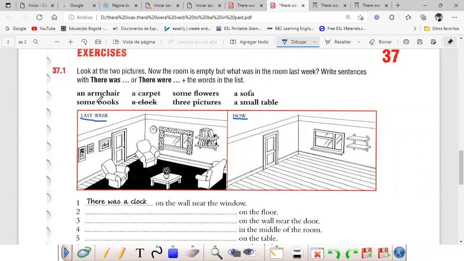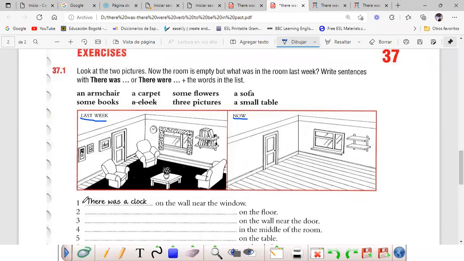We have an armchair, a carpet, all the one in black color, sunflowers, a sofa, some books, a clock, three pictures, and a small table. I'm going to erase because I have a lot of lines in here. Okay, perfect. So the idea is to compare what we had last week and what we have now.